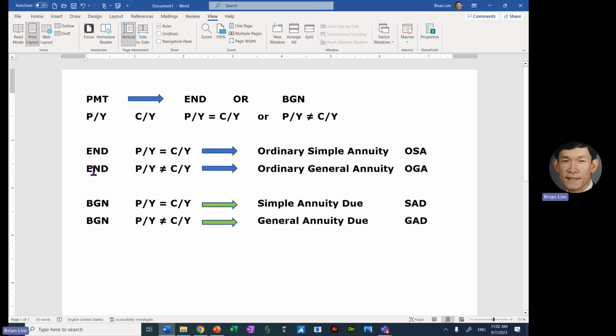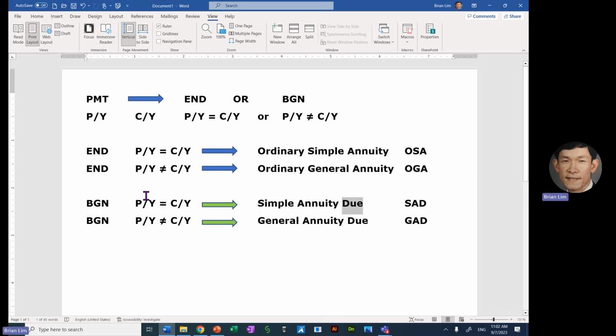If the payment is made at the end of the payment period and the payment frequency is different, such as, let's say the payment was monthly, but the compounding was semi-annually, then those two are not the same, so we have an ordinary general annuity. Now, if the payment is made at the beginning and the payment frequency is the same as the compounding frequency, then we have a simple annuity due.